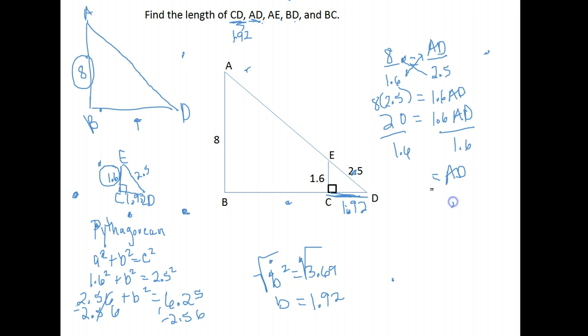And I get 12.5. So far I filled in two of the lengths. I know that the bottom of the small triangle was 1.92, and now I know that AD, the length of the long side of our big triangle, is 12.5.